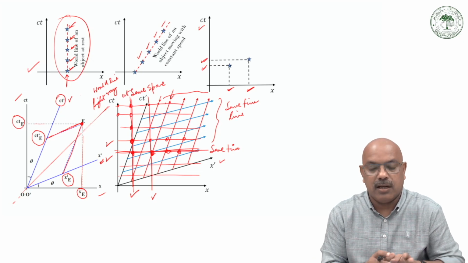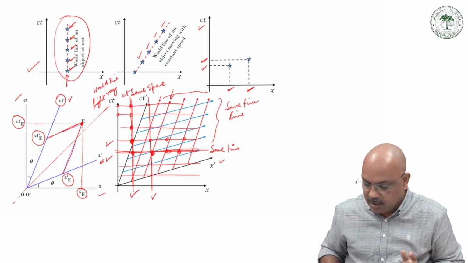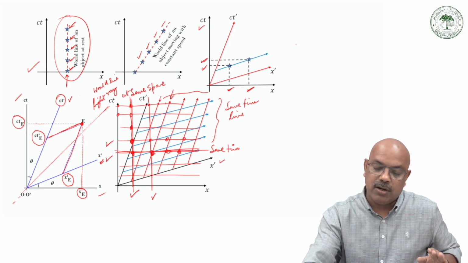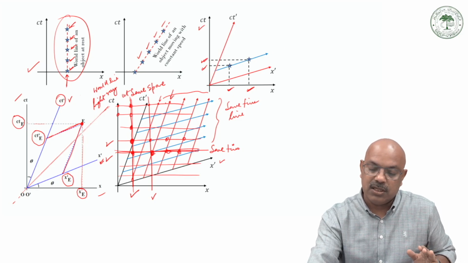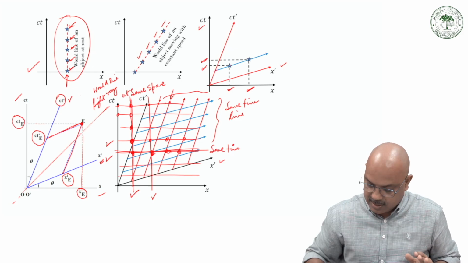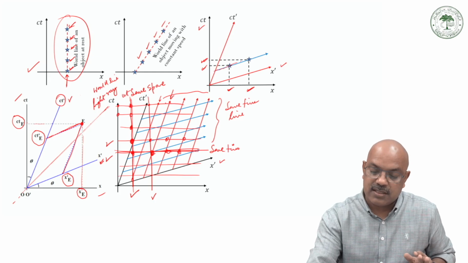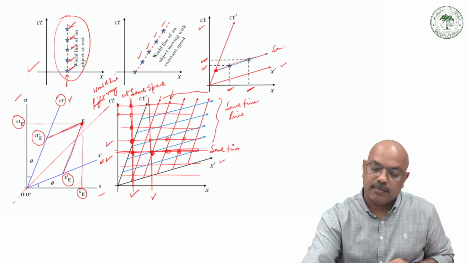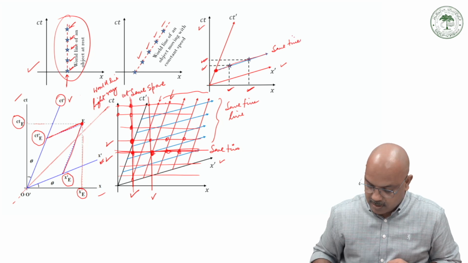But in this reference frame, if I draw this, the time of these two events is given by this line parallel to this axis. So you see that these two events are happening at the same time, okay.